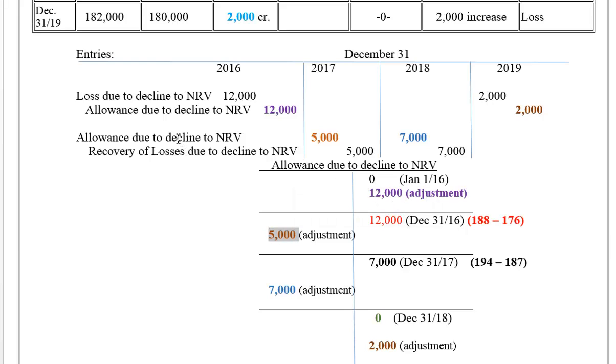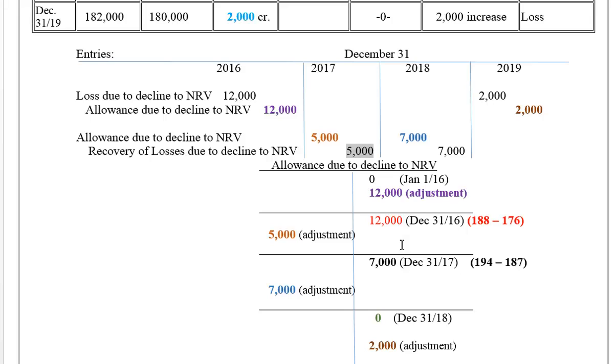So we're going to debit the allowance for $5,000 in 2017, and we're going to credit not the loss account but a recovery of any previous losses we've had. So far, we know we've only had a $12,000 loss. So this tells us that we're recovering $5,000 of that previous $12,000 that we set up as a loss in 2016.